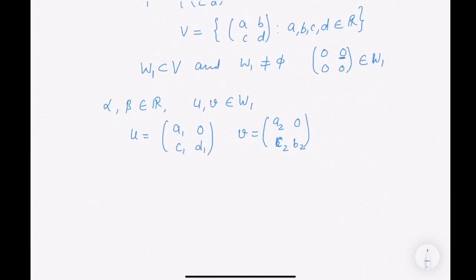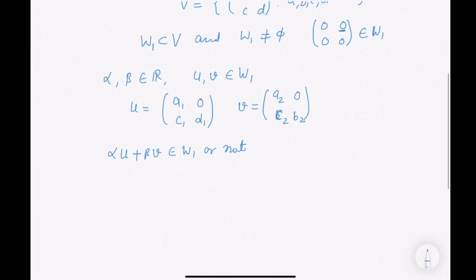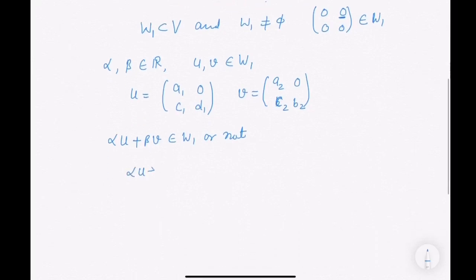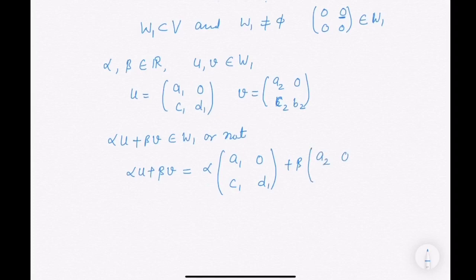So this type of elements U and V belong to W1. Now let us check whether alpha U plus beta V belongs to W1 or not. So alpha U plus beta V is alpha multiplied by the matrix U, A1, 0, C1, D1, plus beta times A2, 0, C2, D2.